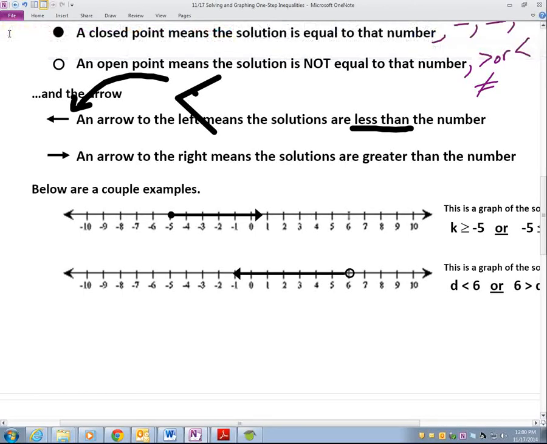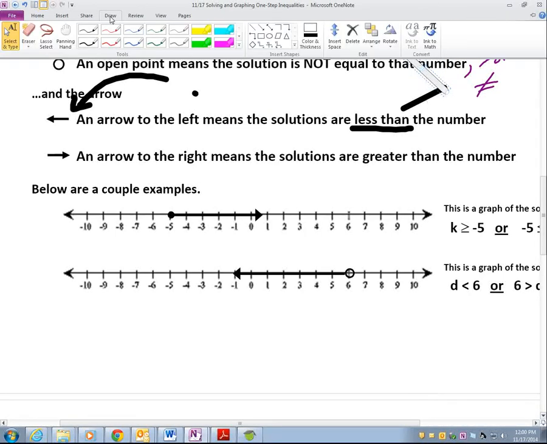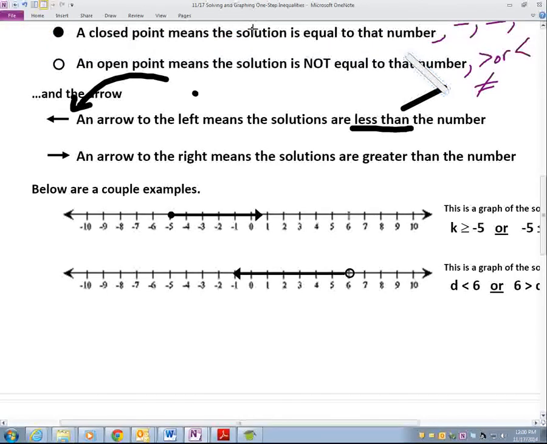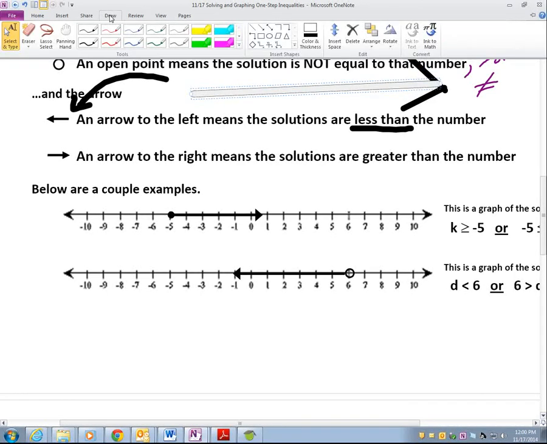Now let's do it for greater than. An arrow to the right means greater than, so that is going to work again. So here's the arrow. I'm going to draw and fill it in again.